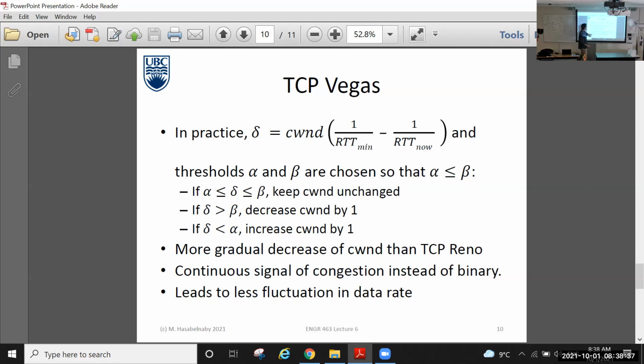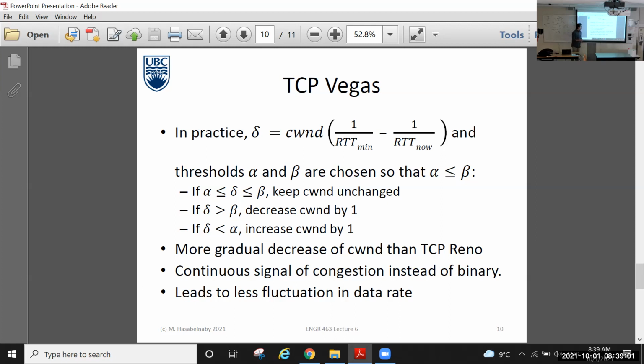If gamma, which is the data rate difference, is greater than beta, which is given in the design of the network, we will decrease our congestion window size by 1. If gamma is less than alpha, we will increase the congestion window by 1.